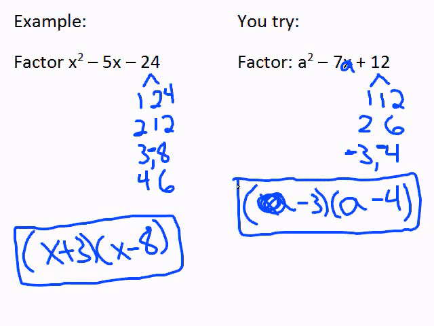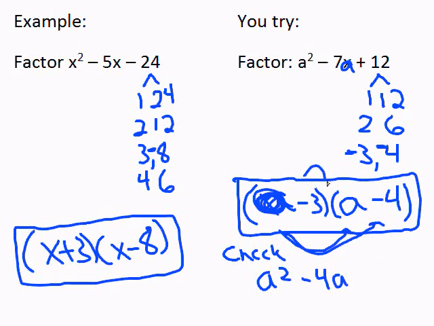Just like all the other types of factoring, you can always check your answer, which is a good idea if you have additional time at the end of quizzes or tests, by distributing. So a times a is a squared. A times negative 4 is negative 4a. Negative 3 times a is negative 3a. And negative 3 times negative 4 is positive 12.